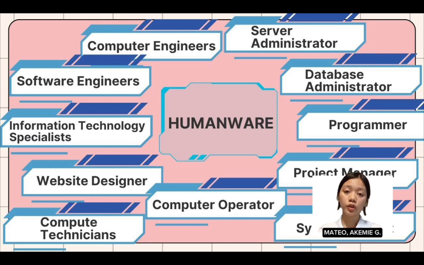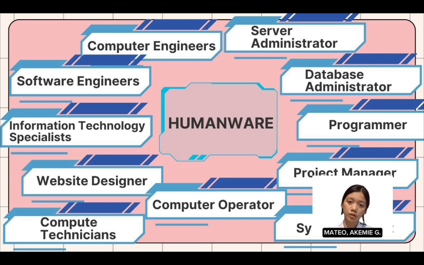And computer operators are responsible for monitoring and controlling the computer system, especially in a mainframe computer system in a company or organization. System analysts, on the other hand, solve problems related to computer technology and increase computer productivity.